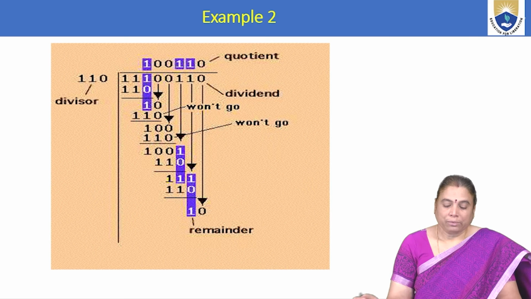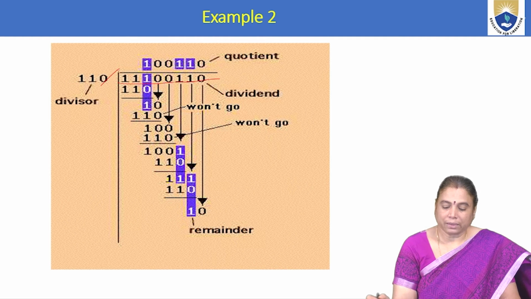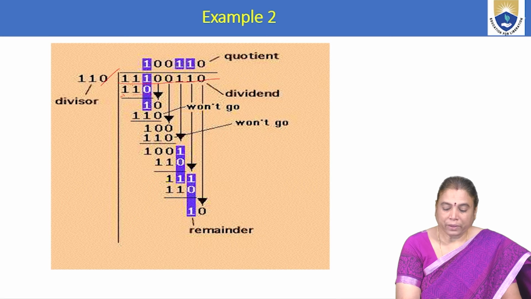Take one more example. Here this is the dividend, and this is the divisor. First the 3 bits are taken from the MSB. The dividend value is greater. So 1 can be written in the quotient and the divisor can be copied here and the subtraction made.